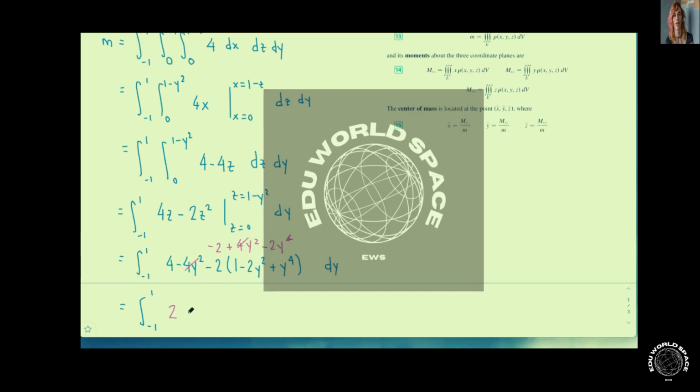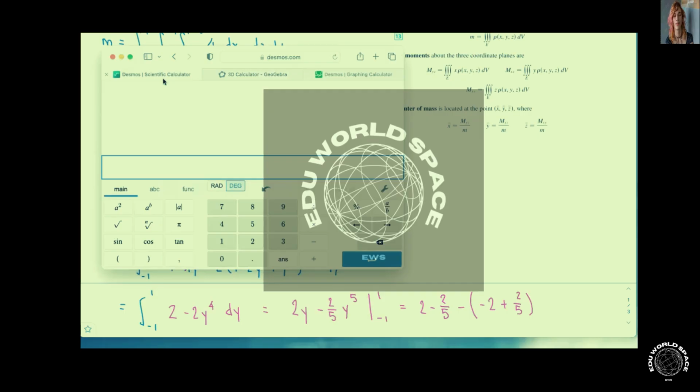These cancel, and then we get minus 2y to the 4th. So that's going to be 2y minus 2/5 y to the 5th from -1 to 1. So that's 2 minus 2/5 minus -2 plus 2/5, and that's 16/5.